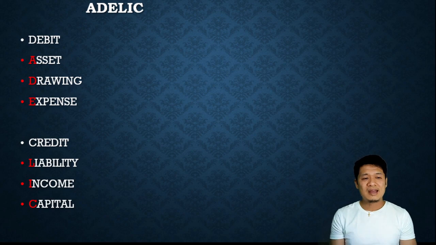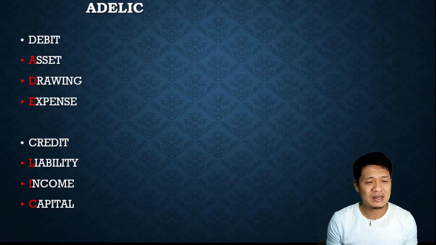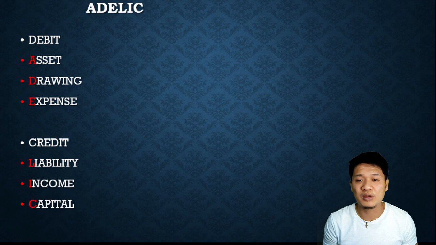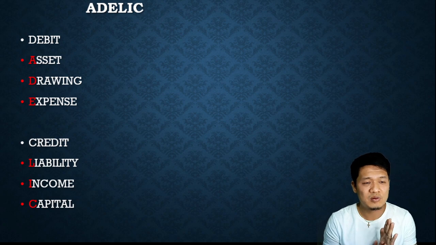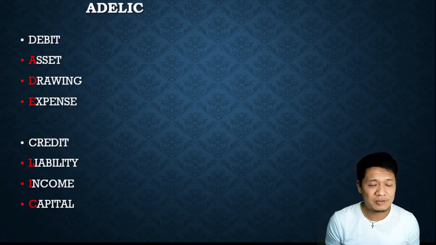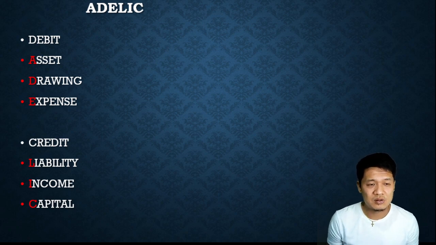So, we have here an acronym. Actually, ang daming acronym when it comes to accounting, no? Pero I find this more simple and mas madali siyang kabisaduhin and ma-memorize. Yung iba gumagamit pa ng kamay, pero we will just use this kasi mas madali siya. So, the word ADELIC. Okay, take note of the word ADELIC, wherein the first three letters A, D, and E represent asset, drawing, and expense.